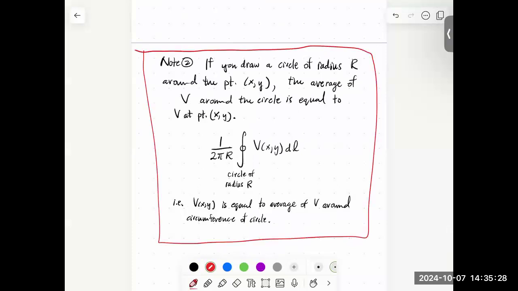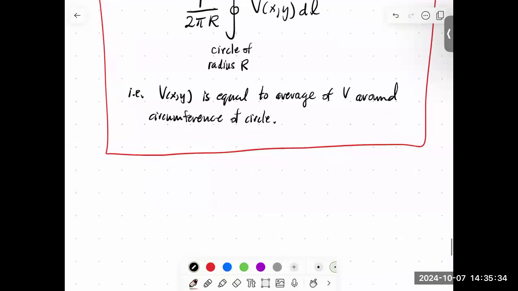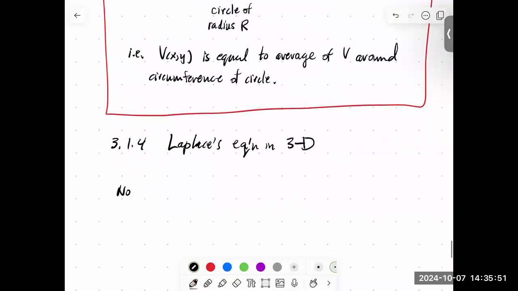Okay, so now we move into 3 dimensions. So Laplace's equation in 3D. And you could probably guess what our notes are going to be.